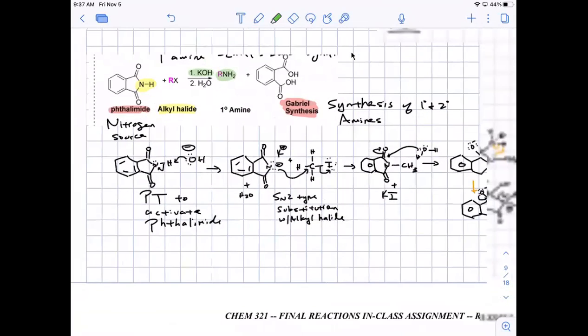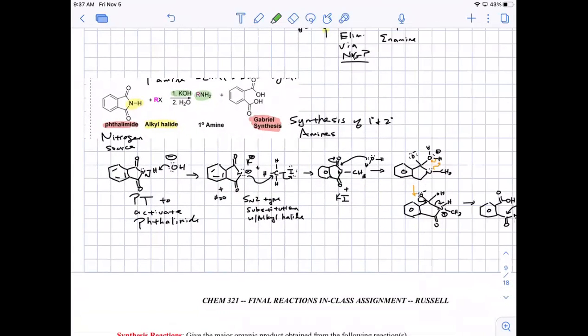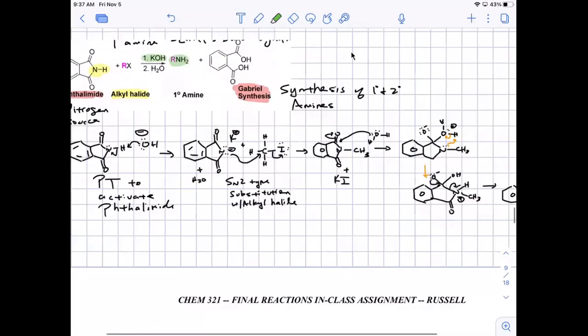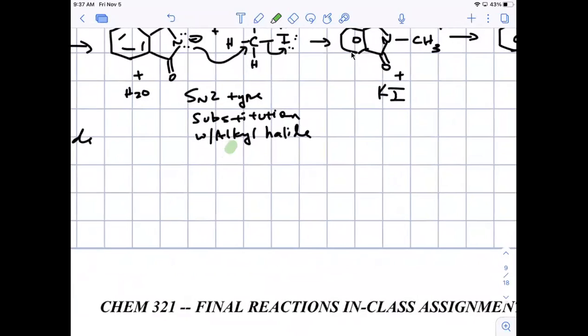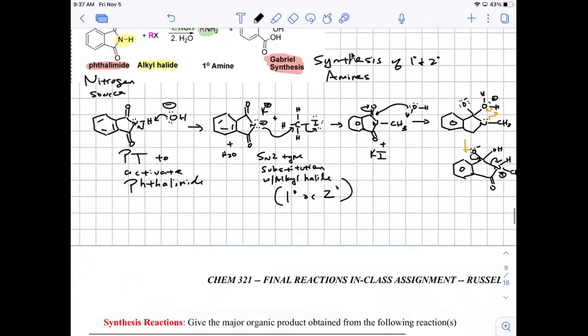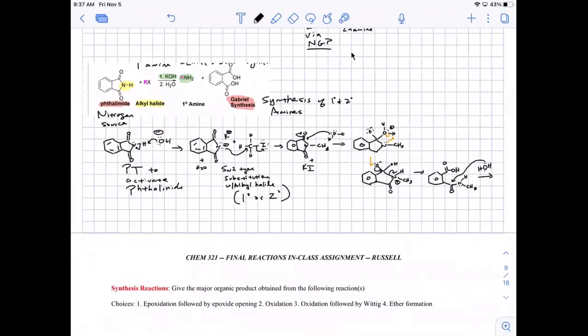Any questions about that, about the Gabriel synthesis? And you can do this with a primary alkyl halide or a secondary alkyl halide. Right, primary or secondary. And that'll give you either a primary amine or a secondary amine. All right, questions, any questions?